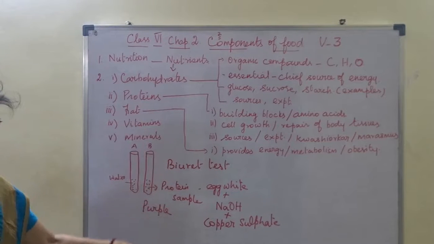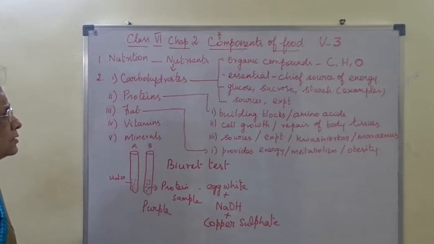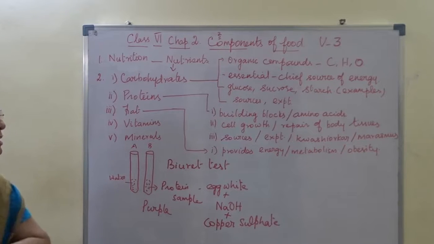Carbohydrates are organic compounds formed of carbon, hydrogen, and oxygen. Examples are glucose, sucrose, and starch. It is an essential nutrient and the chief source of energy.